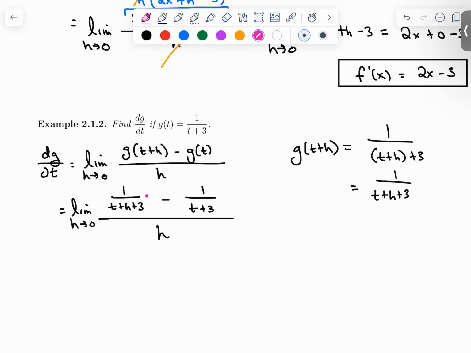So for the first term, it's missing a factor of t plus 3 over t plus 3. And the second term is missing a factor of t plus h plus 3 over t plus h plus 3.